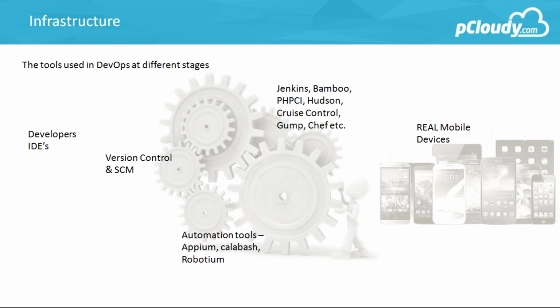Continuous development and continuous testing can't be achieved without the right set of DevOps tools. Moreover, it must be backed by a proper device infrastructure. This is the key. As I said, there are so many tools at different stages, which I have mentioned here, and those tools are available in the market.